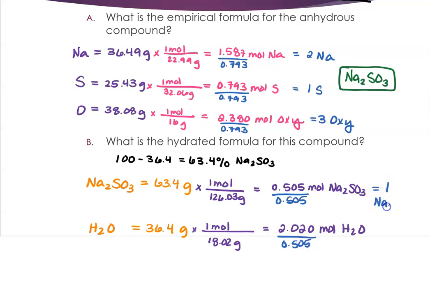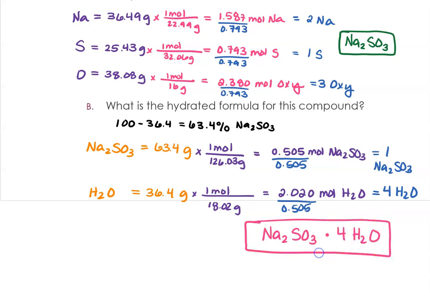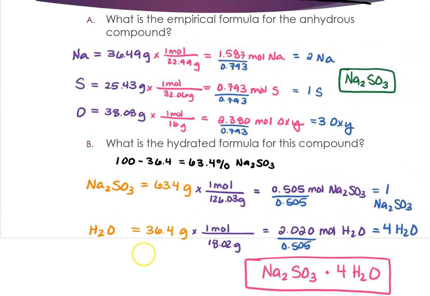So here I get 1 Na2SO3, and here I get 4 H2O. So the formula of my hydrate is going to be Na2SO3 dot 4 H2O. Hooray and huzzah. Okay, so that is really as complicated as it gets for solving for hydrates.